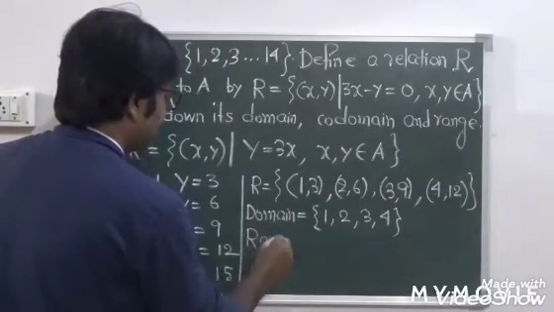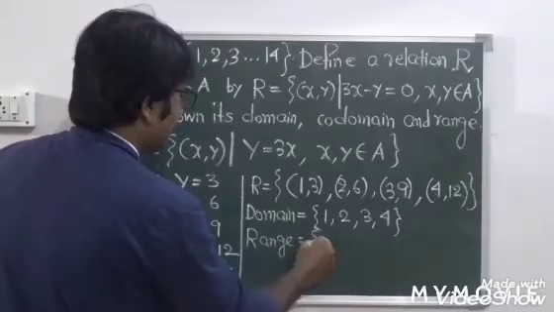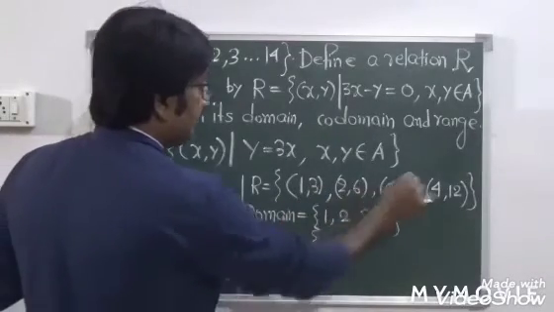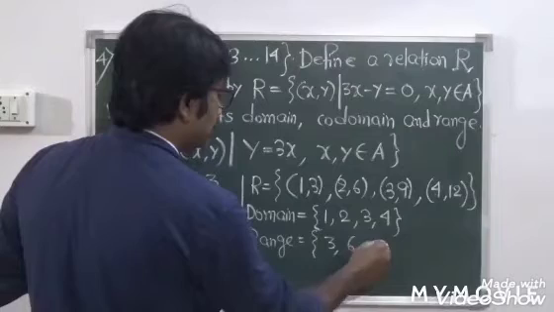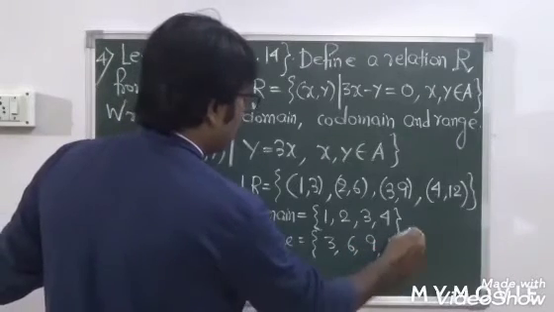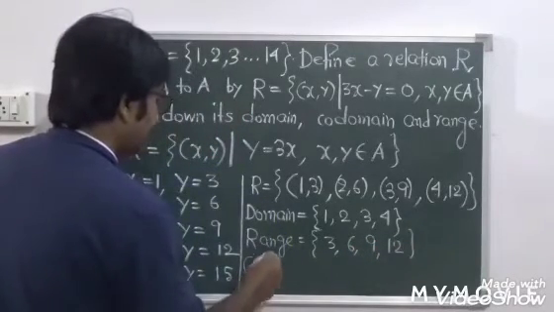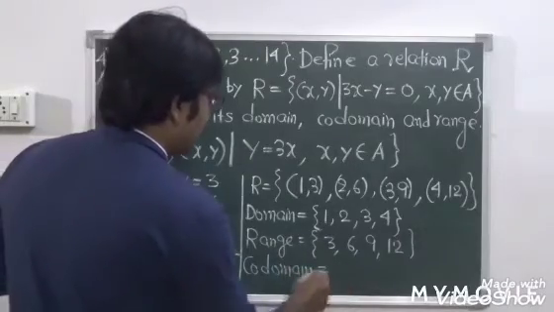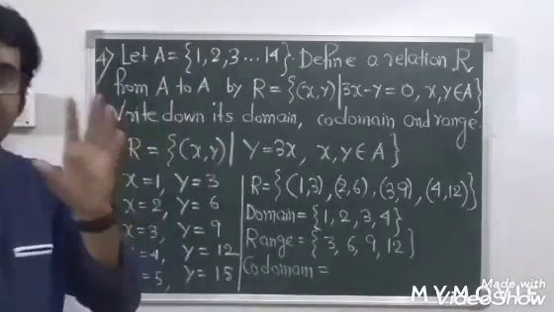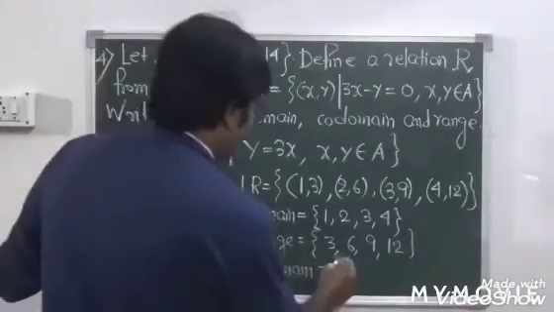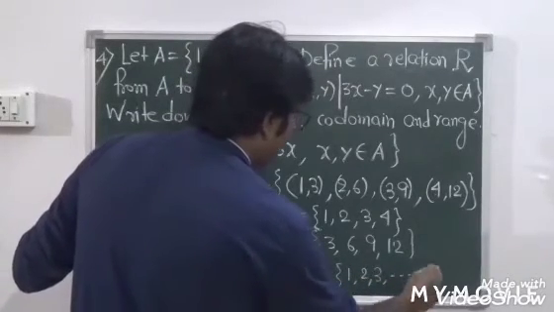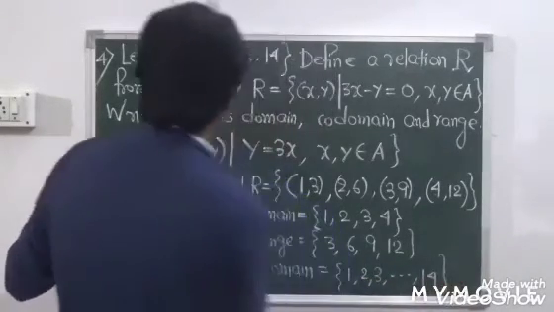Range, we know, is the set of all the second elements in the ordered pairs of the relation, that is 3, 6, 9, 12. And codomain is always the entire second set. Here it is only one set, so it is 1, 2, 3 till 14. So this is the codomain.